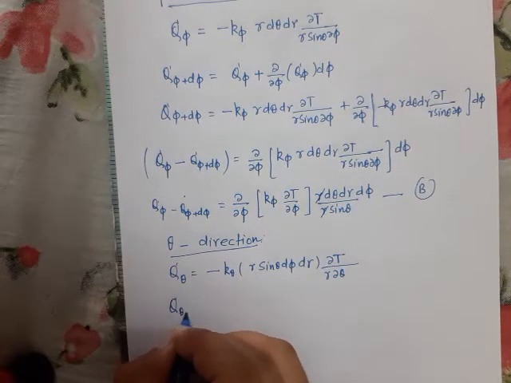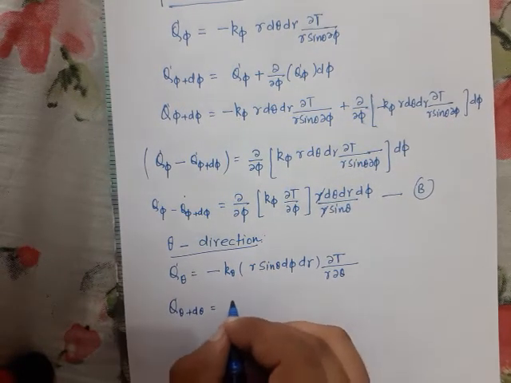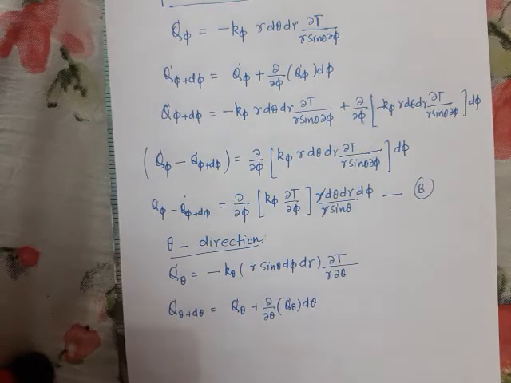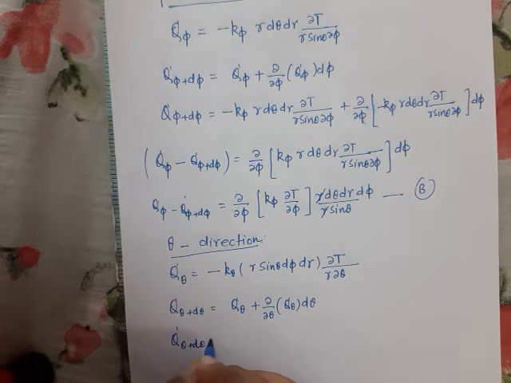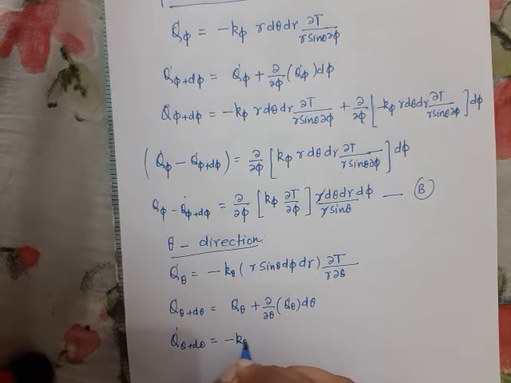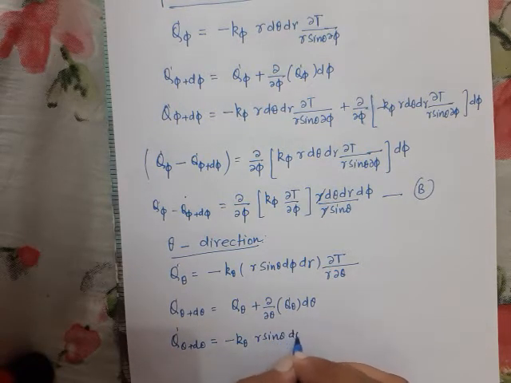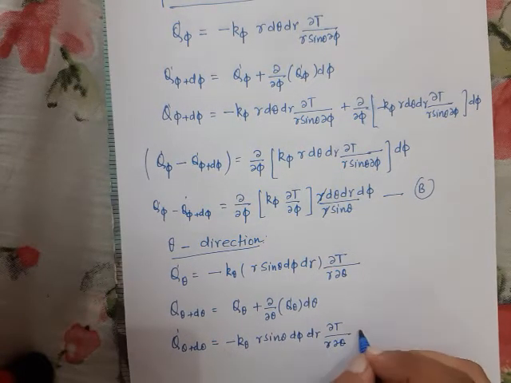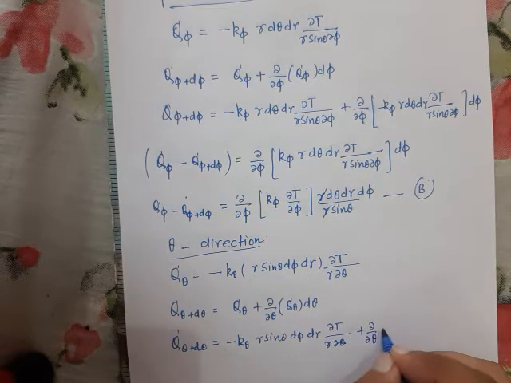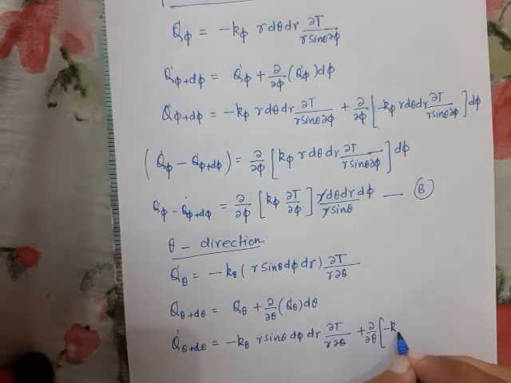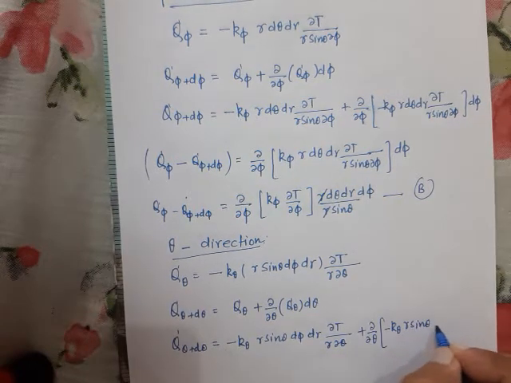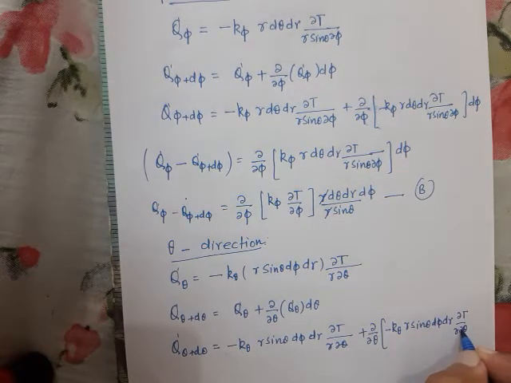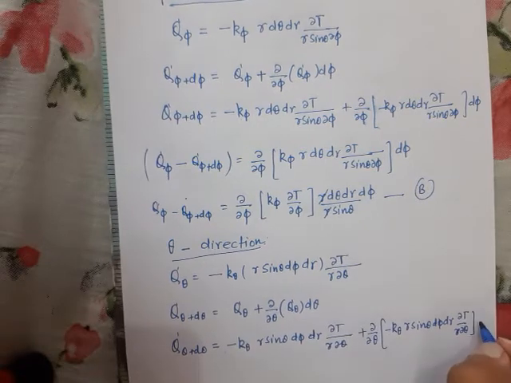Please note, that is how you have to write. Now q theta plus d theta can be written as q theta plus del upon del theta of q theta into d theta. So q theta plus d theta becomes equal to q theta minus k theta r sin theta d phi dr del t upon r del theta, plus del upon del theta of this whole term, minus k theta r sin theta d phi dr del t upon r del theta, multiplied by d theta.